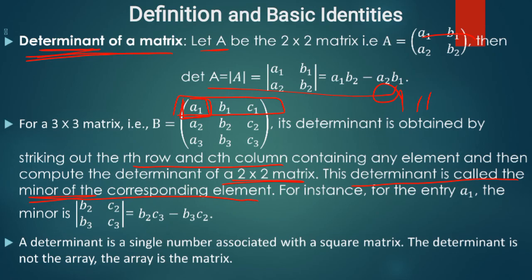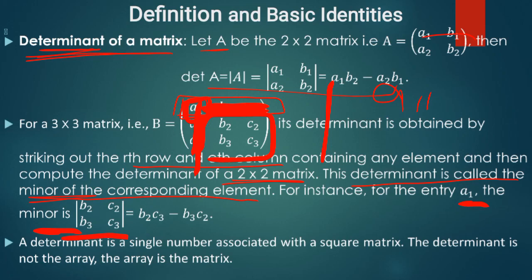Where A1 is, we want to find the minor of A1. This is A1. You cover all the entries along A1, so you don't see anything there. I've covered everything here. So your 2 by 2 matrix is the entries you can see, the ones left on the screen, which is what I have written here. This is the minor of A1.